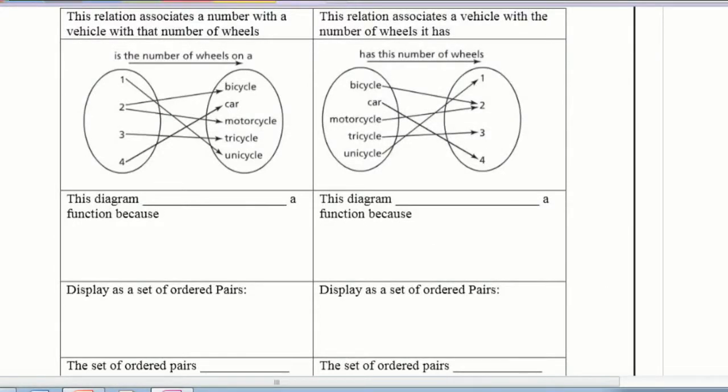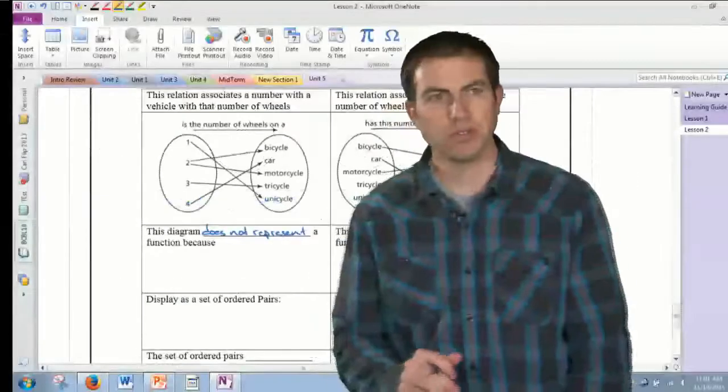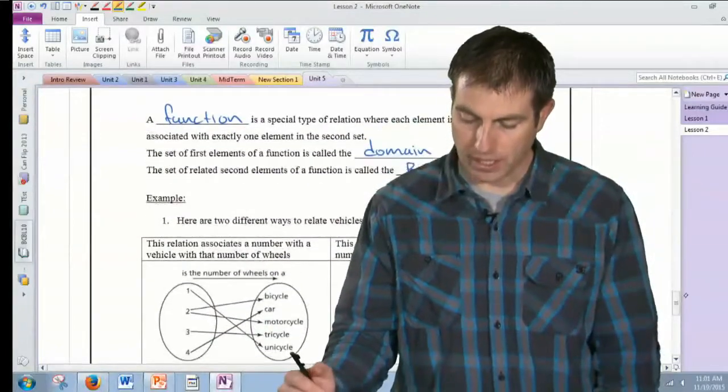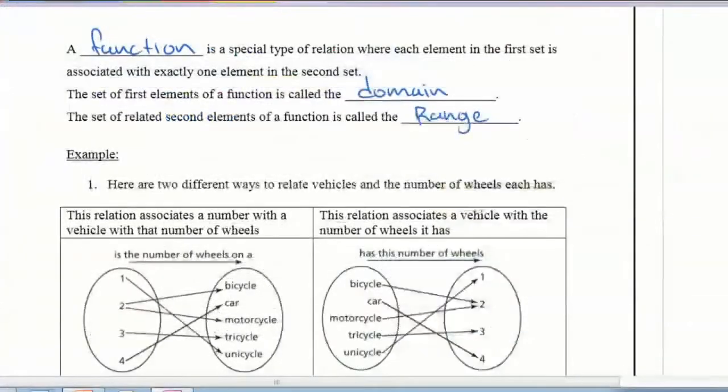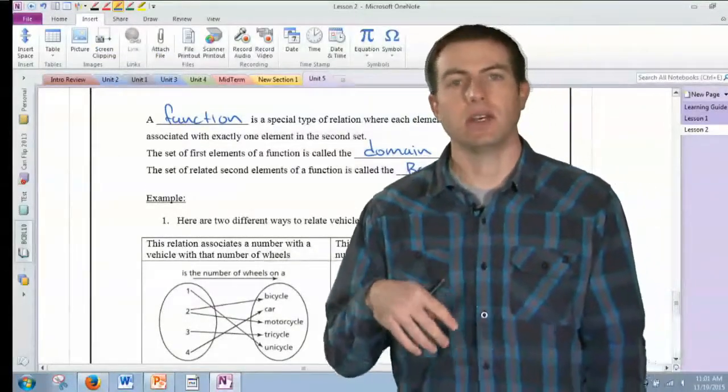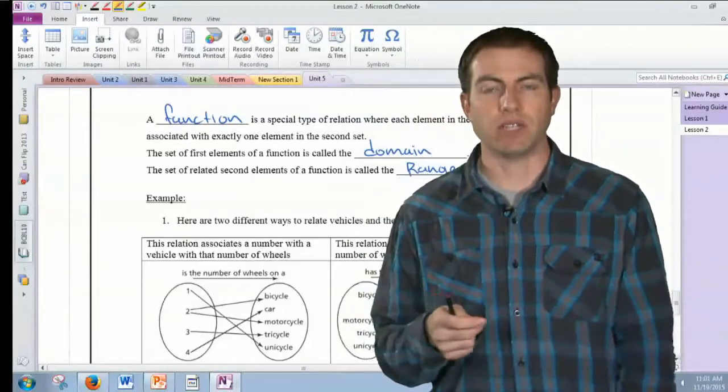So this diagram does not represent a function. Why is this not a function? We defined a function above as something where one item in the first set corresponds to exactly one item in the second set. So which one of the things in the sets is ruining our definition?